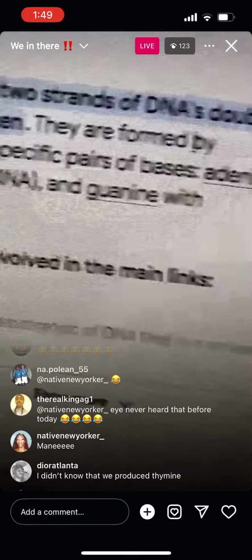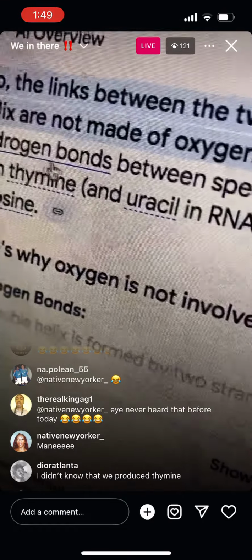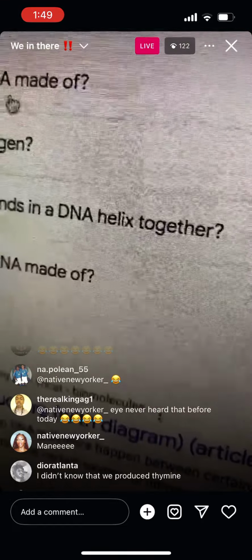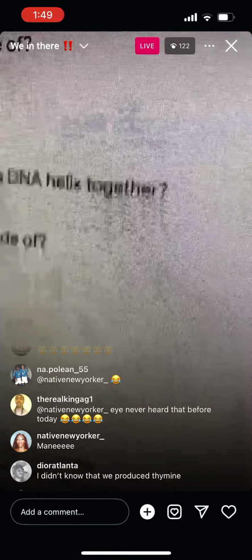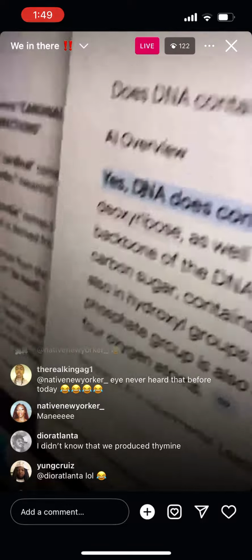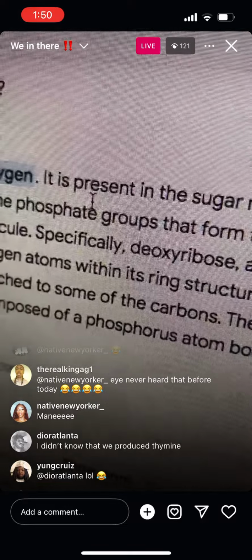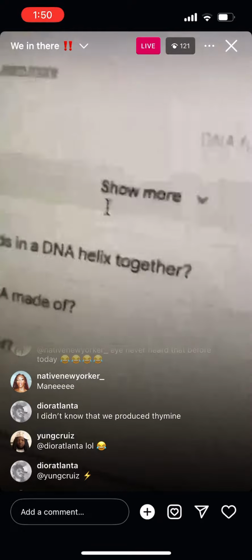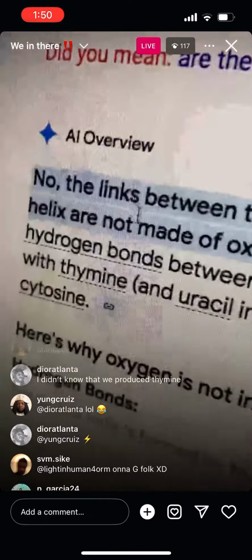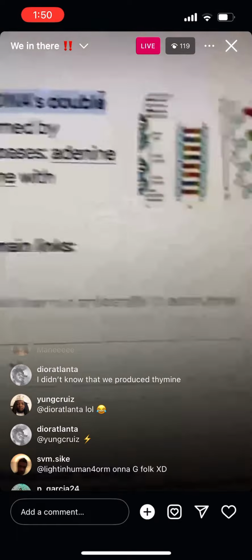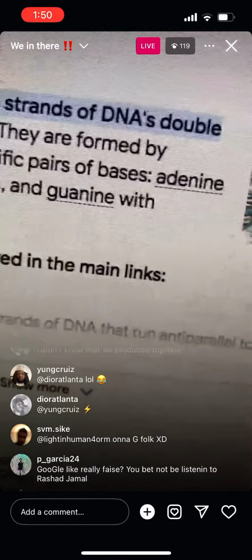They are formed by hydrogen bonds. What the hell? Yes, DNA does contain oxygen. Yeah, DNA has oxygen. But the links between the two strands of DNA are not made of oxygen.